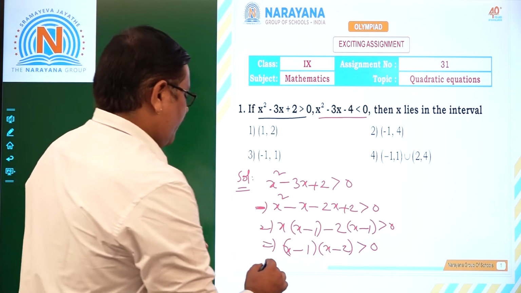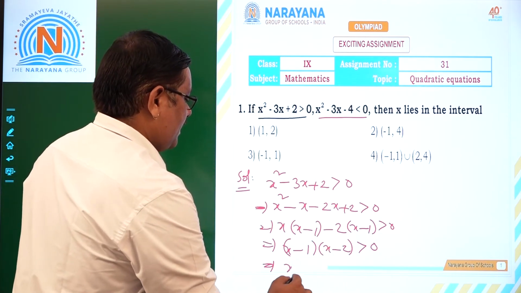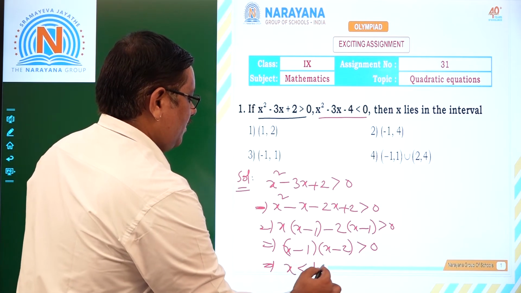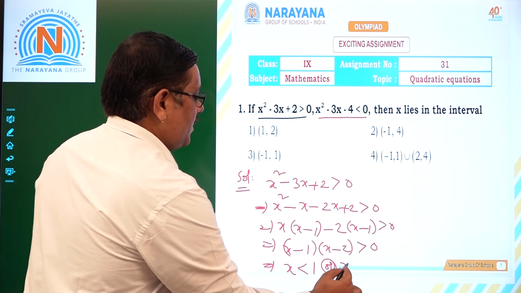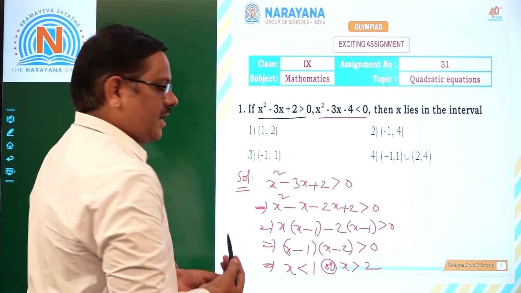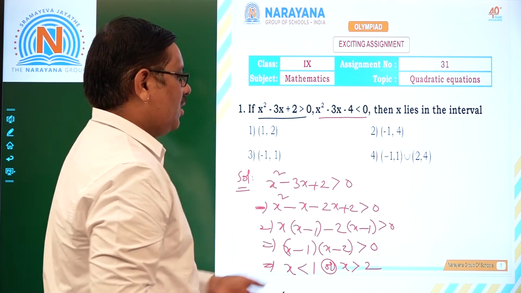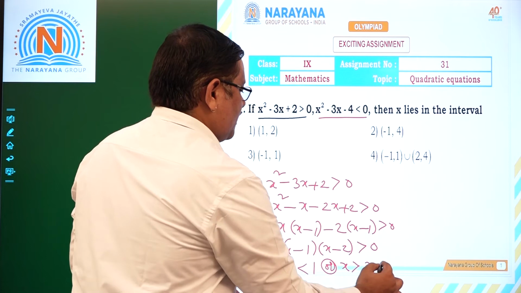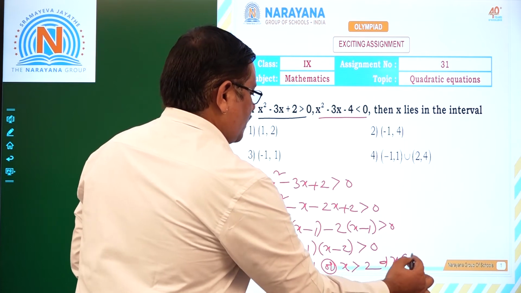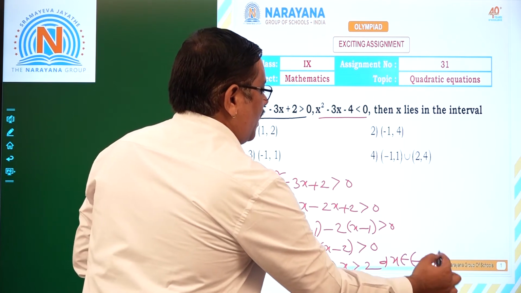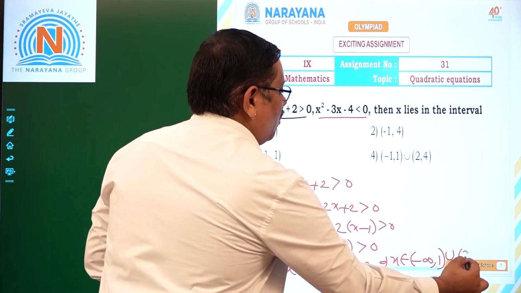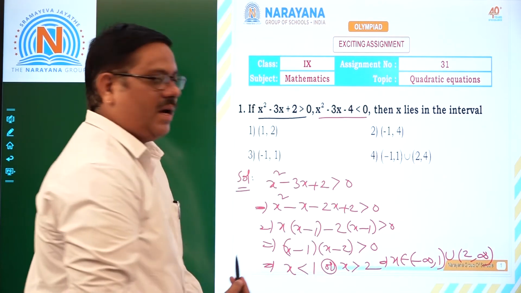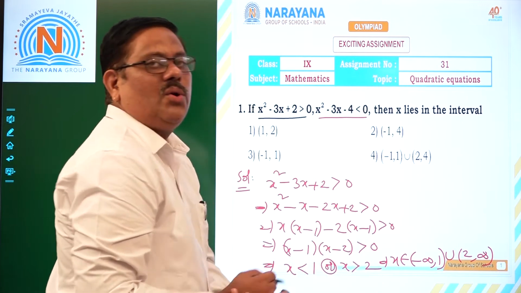As it is greater than 0, we simply say that x is either less than 1 or x is more than 2. That implies we can say x belongs to minus infinity to 1 union 2 to infinity.